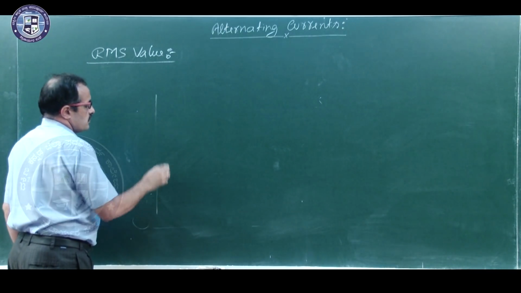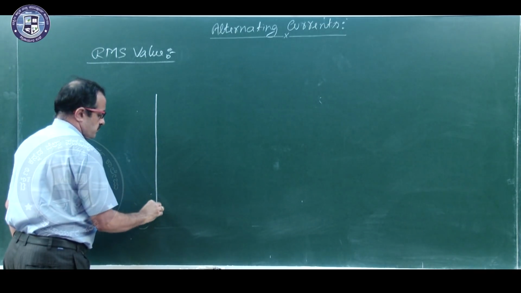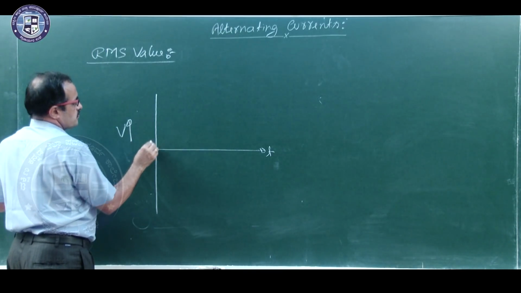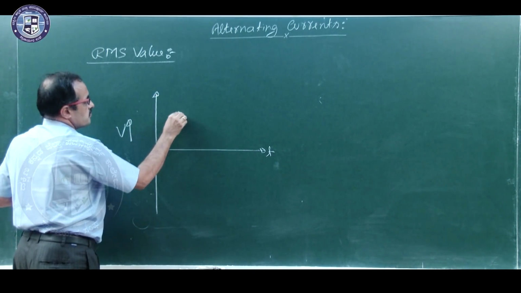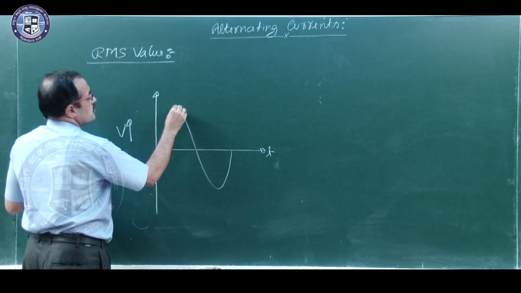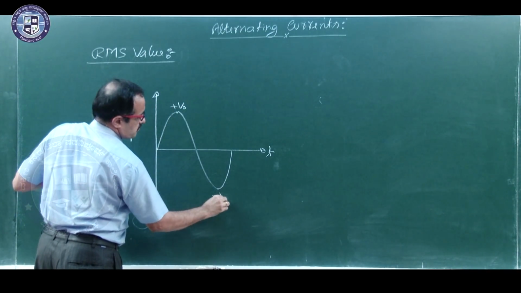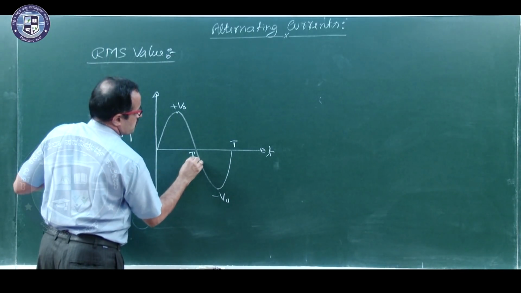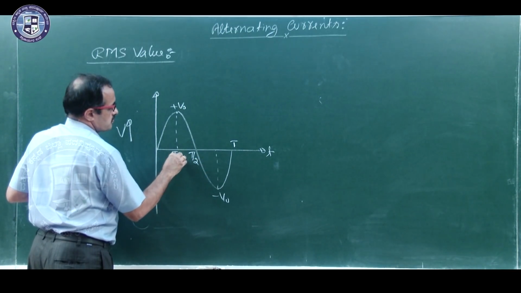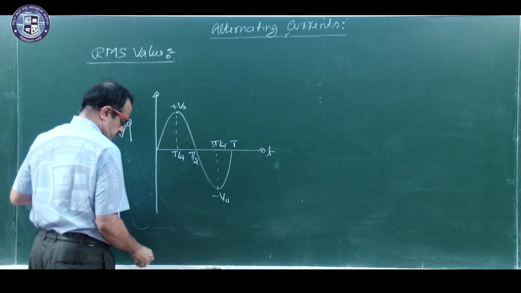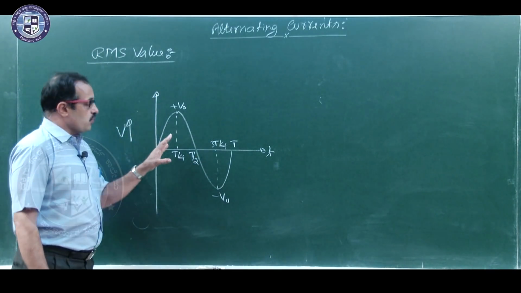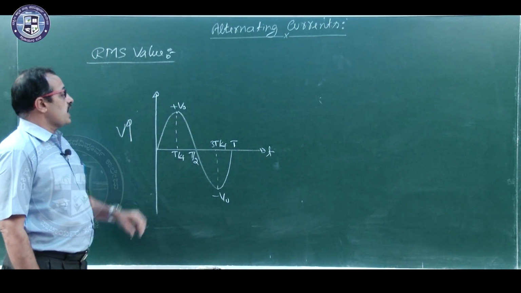Now, this is the graph of voltage, and whatever the explanation for voltage holds good for current also. I want to define RMS value.